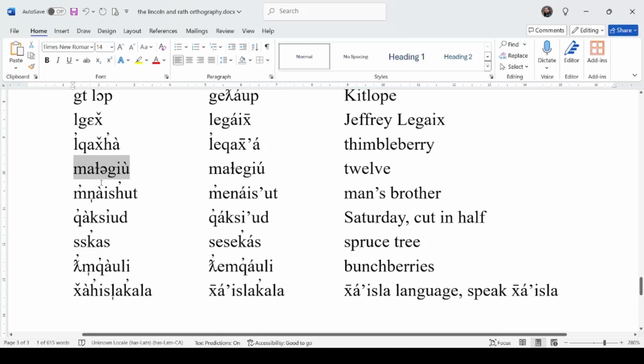The next one here is maslagyu. You see here they have their tilted L, which makes the sound.